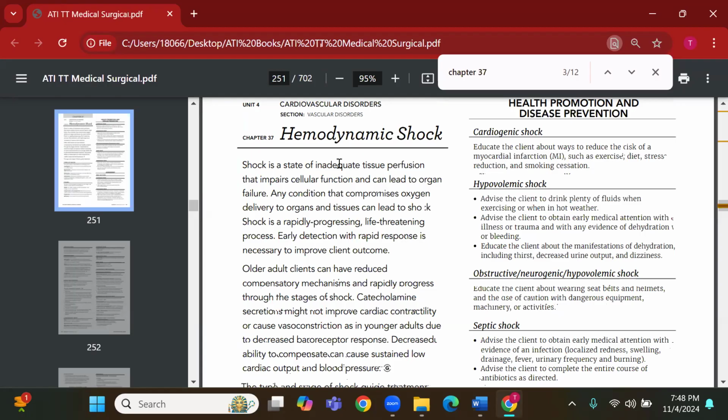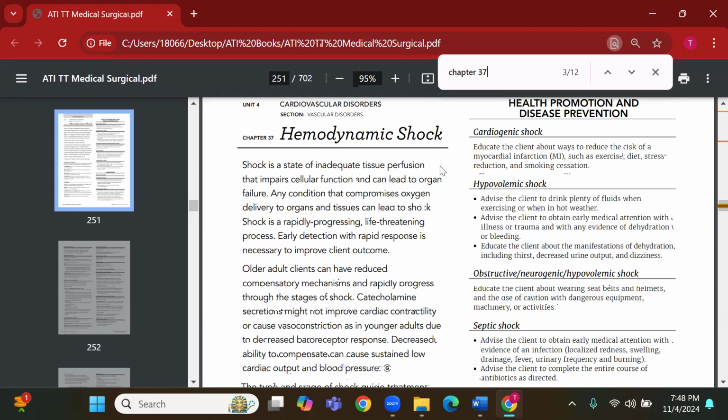Shock is a state of inadequate tissue perfusion. We are not getting blood to the organs and the tissues because anaphylactic shock and septic shock are both causing the body to massively vasodilate. Anaphylactic shock is due to the massive amount of histamine.